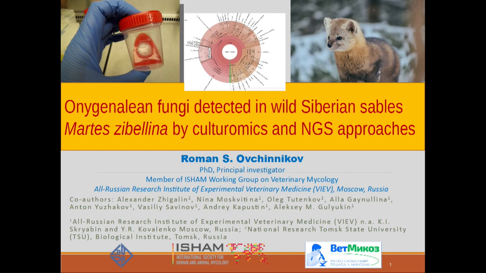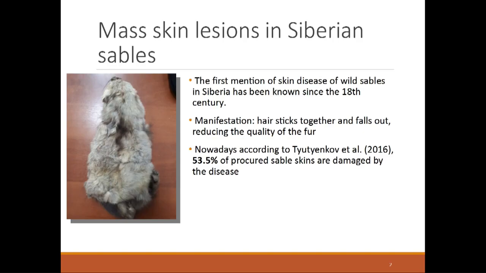Unfortunately, however, we know very little about infectious disease in these cute wild animals. So me and my colleagues from Tomsk State University in Siberia region were happy to catch the chance and to perform this research project.